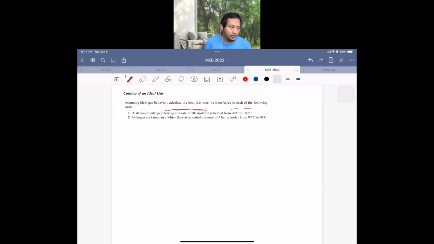The second one is nitrogen in a 5-liter flask with an initial pressure of 3 bar, cooled down from 90 to 30 degrees. The question is asking for the heat that is going to be transferred.